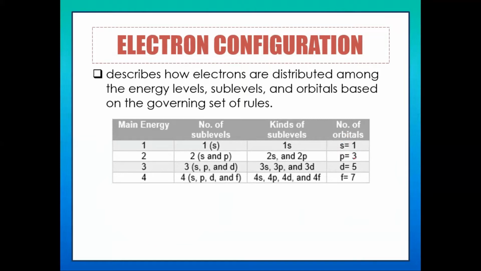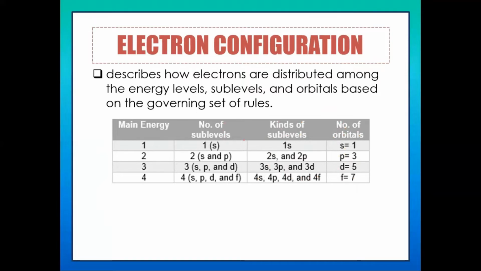For p, there are 3. For d, there are 5. And for f, there are 7. Take note of these numbers because they will be used later as we try to understand some of the rules for electron configuration.